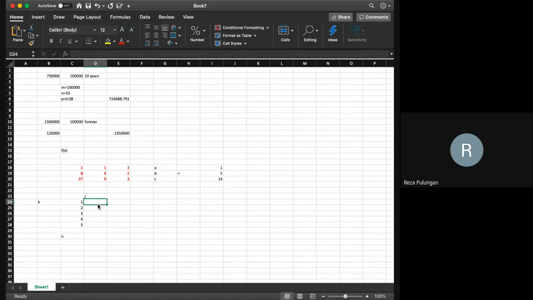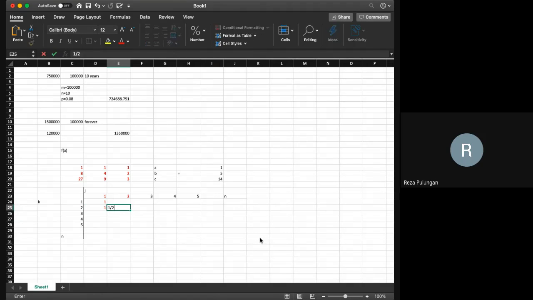J can also have value 1, 2, 3, 4, 5 until n. Now, when j is equal to 1, we have here 1. When k is equal to 2, j can have value 1 and 2.